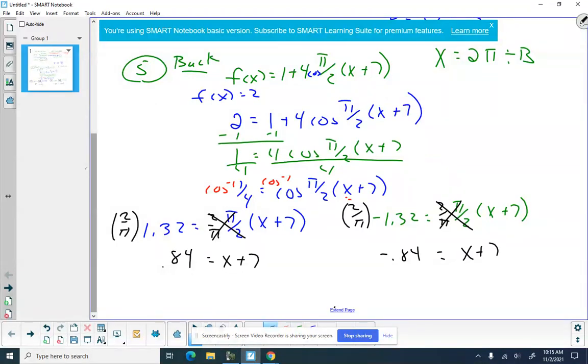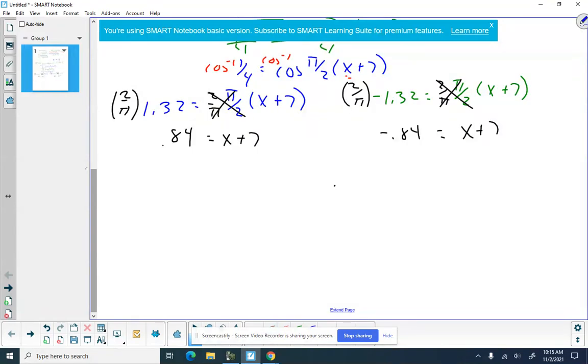But now you don't want to translate from equation to equation with the last part, because we're going to have to subtract 7 from each. So here we're subtracting 7 from 0.84. Over there we're subtracting 7 from negative 0.84.